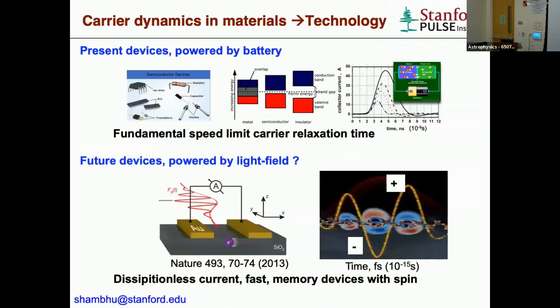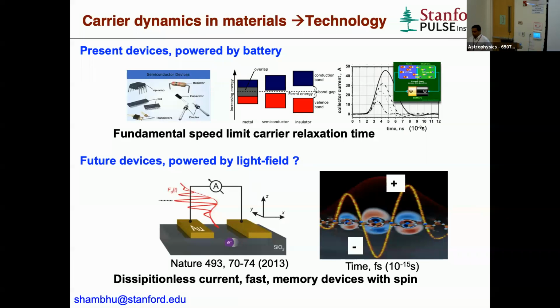I'm going to begin by reminding you of the limitations of current electronics, in the sense of speed in signal processing.